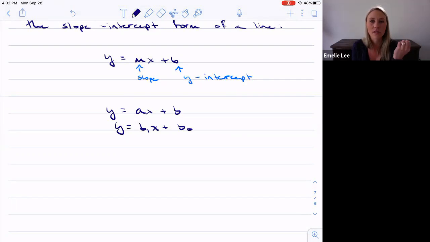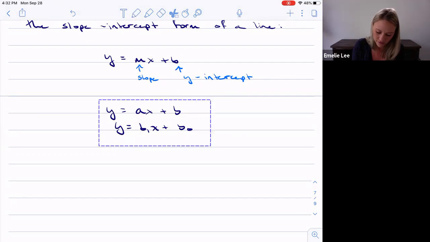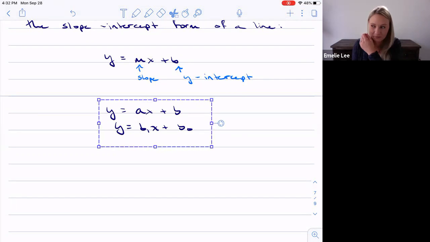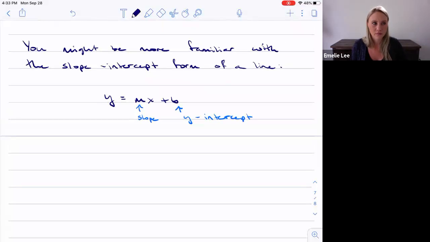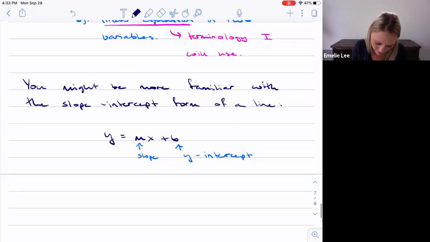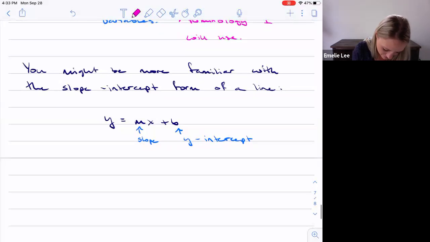So as long as you've got something on your x and something on its own, these are all straight lines, right? So we need to start recognizing that. So, all right. I guess I should put a ring on it.